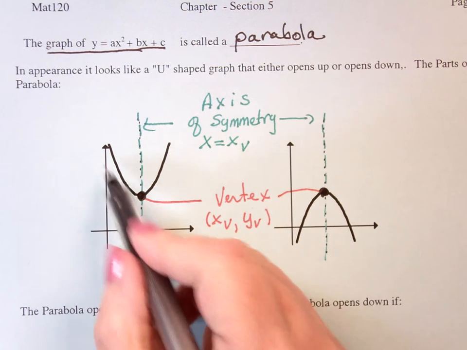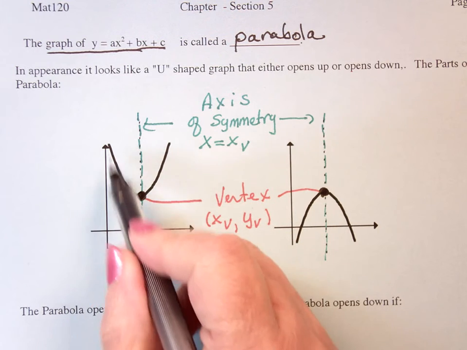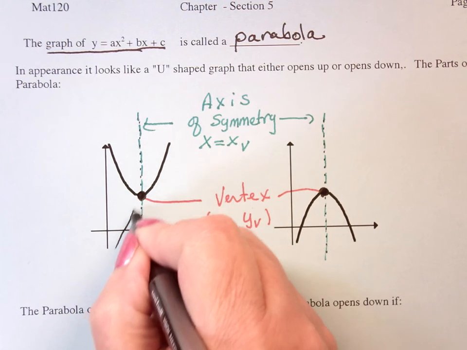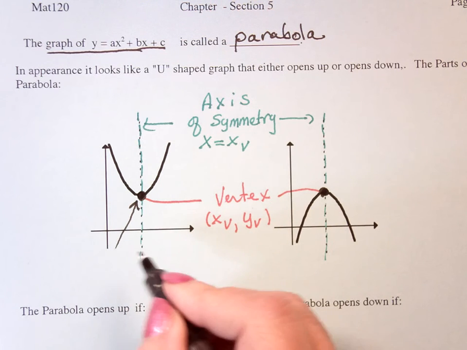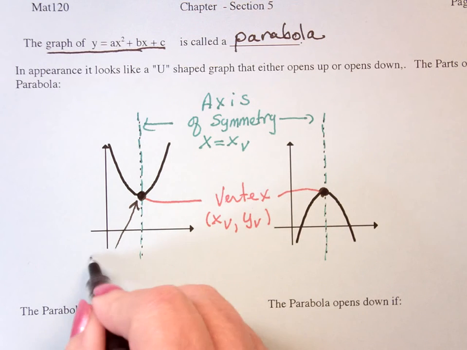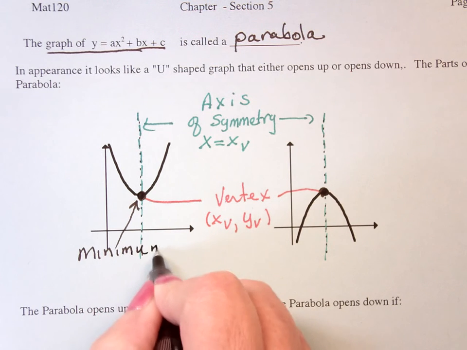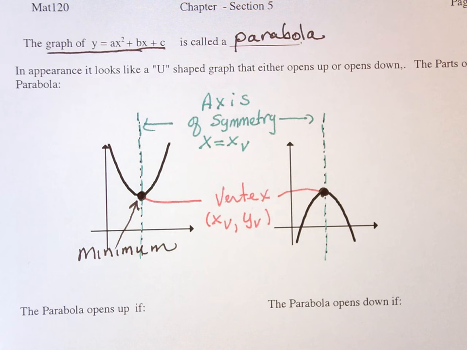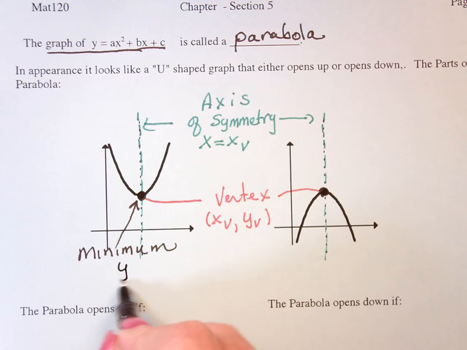Now, if I were to take a look at how this guy operates, he opens up. So the vertex is a coordinate point. This is a minimum. It's as low as it goes. And the minimum, as low as it goes, is the y coordinate of the vertex.